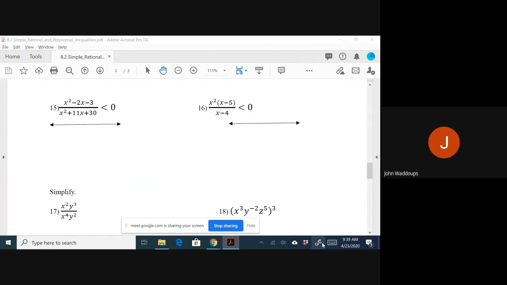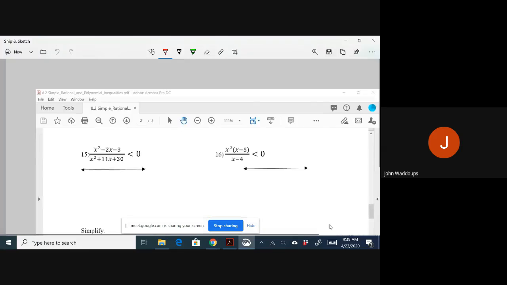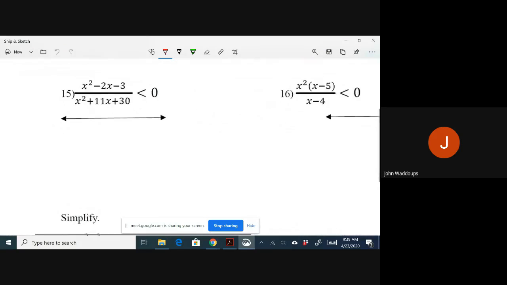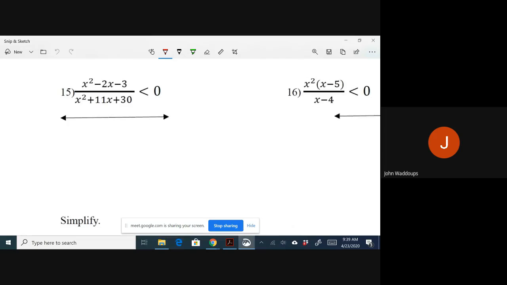Is this number 15 the same as the number 15 you have? Yes. X squared minus 2x minus 3 divided by x squared plus 11x plus 30.